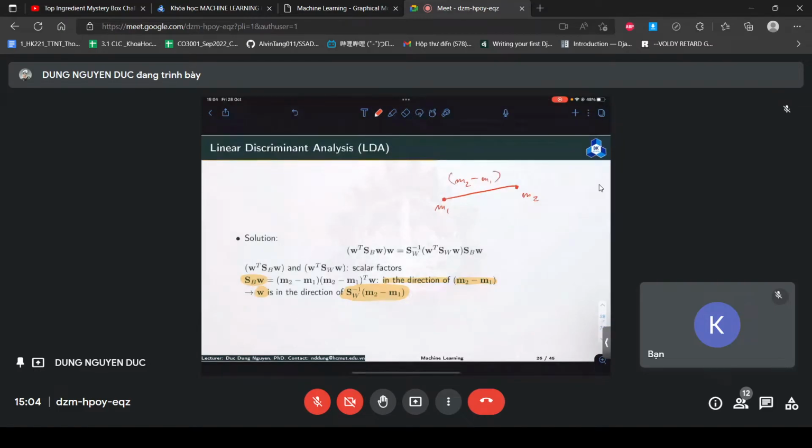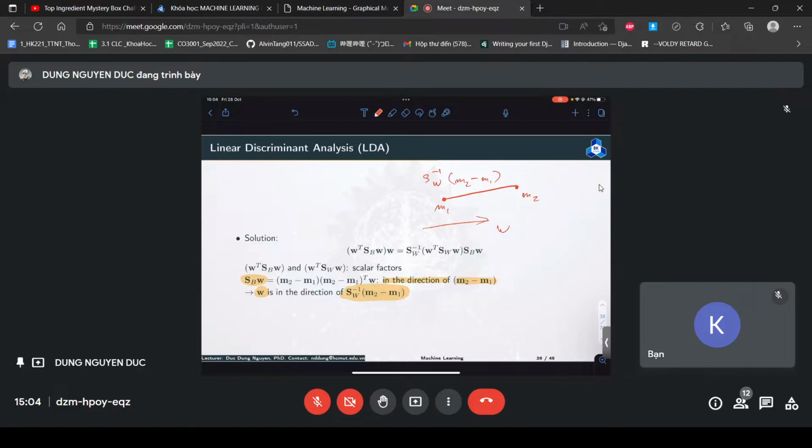You multiply with S_W inverse, and then you will get the projection vector W. So W does not necessarily follow the direction of m2 minus m1, but it can be modified a little bit by the matrix S_W.